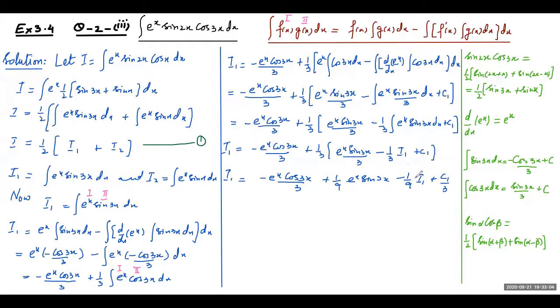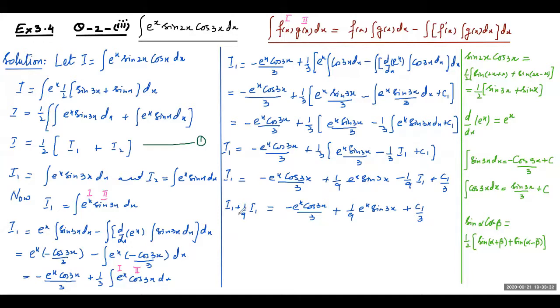Now bring this 1/9 I1 over to this side and you will get I1 plus 1/9 I1, and the remaining expressions will remain the same. I write them quickly: minus e^x cos 3x by 3 plus 1/9 e^x sin 3x plus C1 by 3.